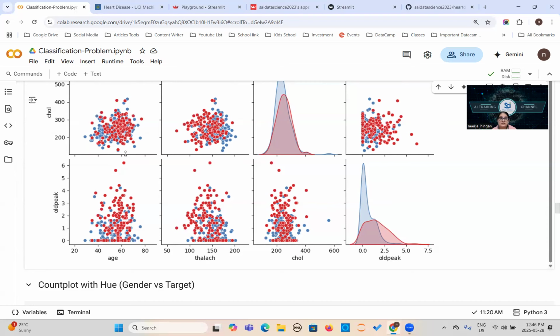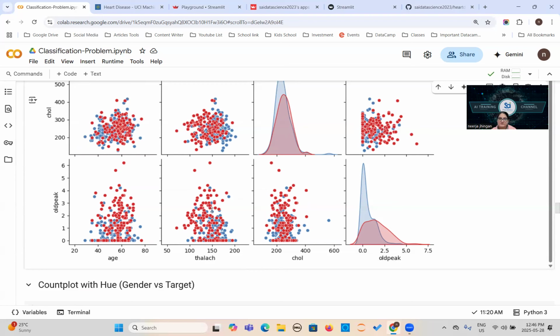But if you look at these two points, here the oldpeak value is high and the age is also in the middle, 55 to 60, they don't have heart disease. Okay, so this is showing you the relationship between how the two features contribute in predicting whether someone has heart disease or not. Okay, so this pair plot is very, very useful.